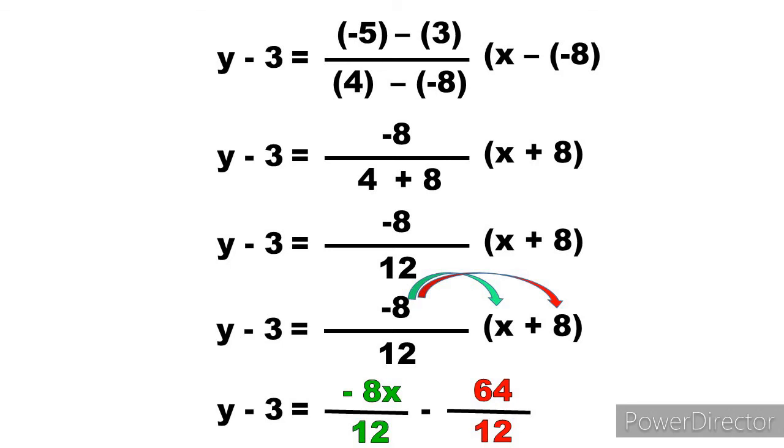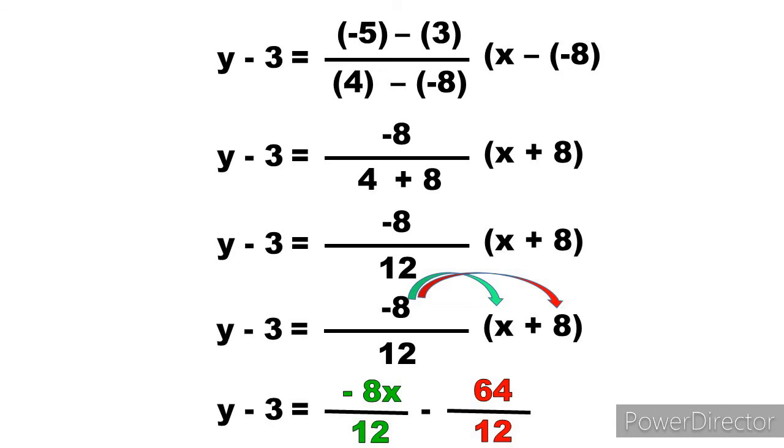Okay, and then i-distribute natin yung negative 8 over 12 doon sa x plus 8. Okay, so now we have y minus 3 equals negative 8 over 12 times x is negative 8x over 12. The negative 8 times 8 is 64 over 12.